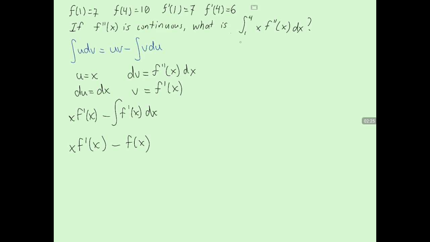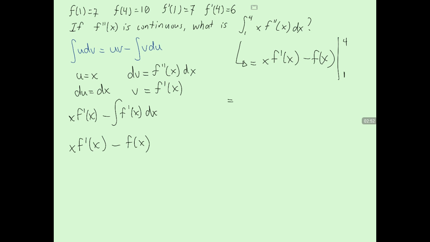So if we want to do this for 4 and 1, then this is just going to be equal to x times f prime of x minus f of x evaluated at the upper and lower bounds, which are 4 and 1. And we know this because of the fundamental theorem of calculus.